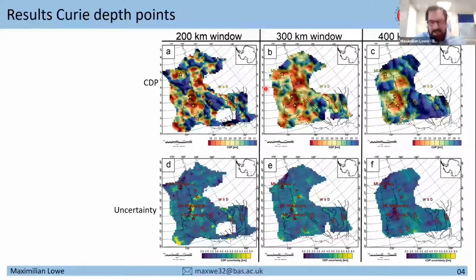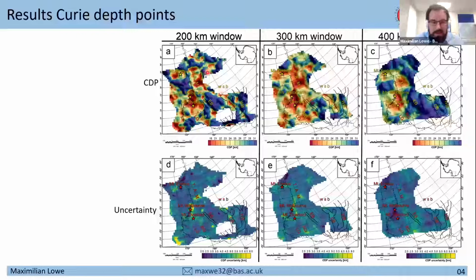That's due to the step size of our window. So we use a 20-kilometer step size, so we have a Curie depth estimation every 20 kilometers, while Martos for the whole of Antarctica used a 175-kilometer step size. So the higher resolution comes from working on a local area, having more estimations.